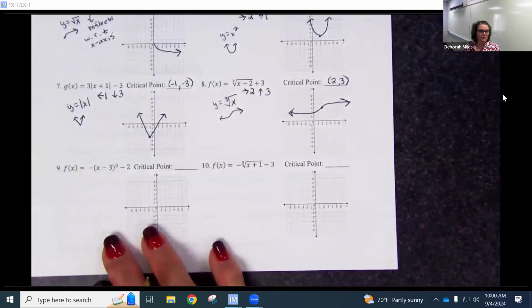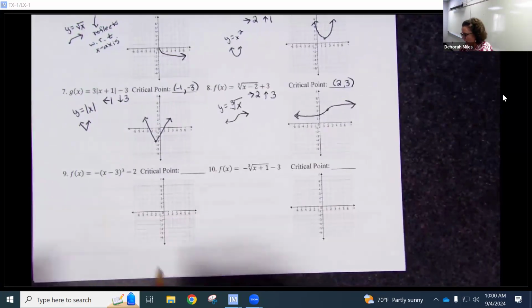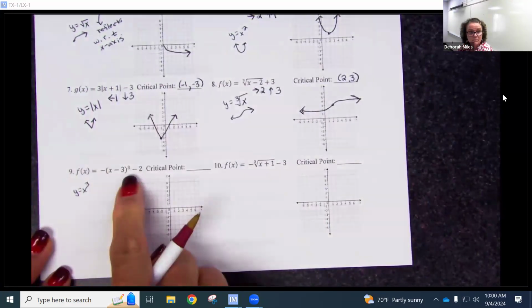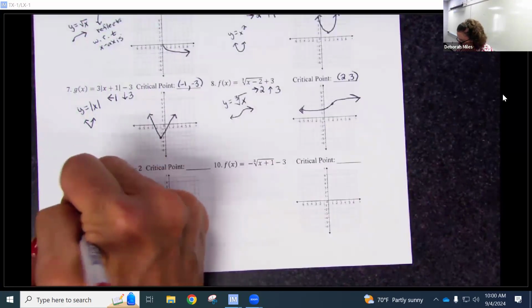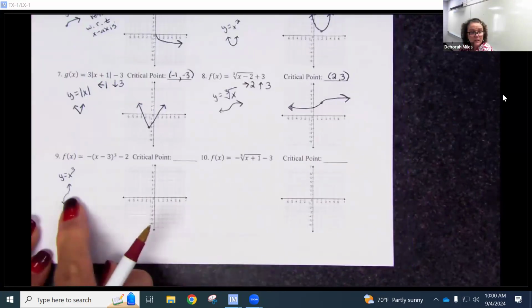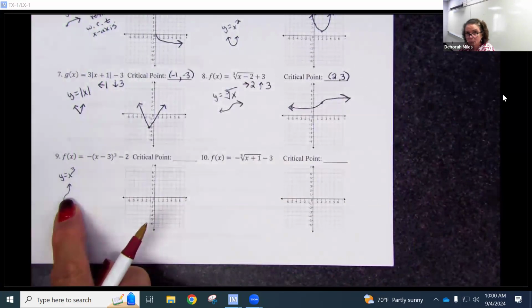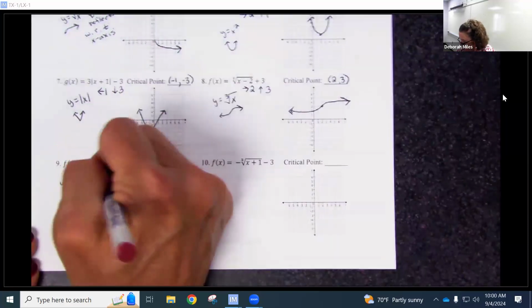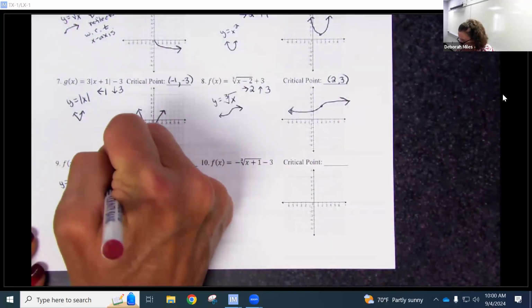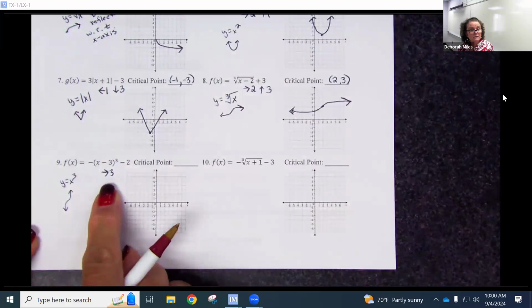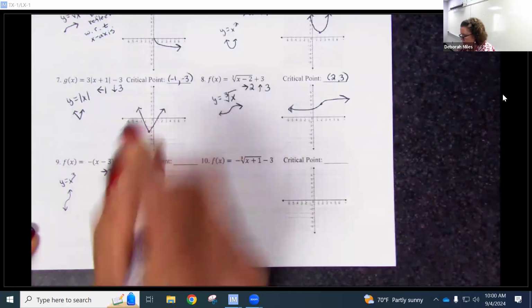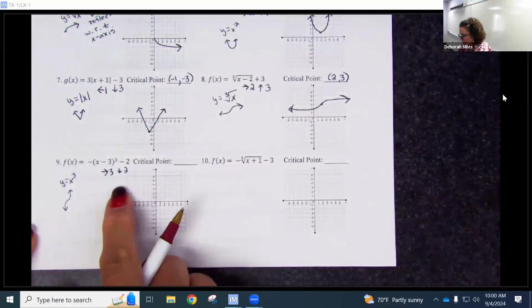All right, number 9. I know the basic graph of y equals x cubed is this vertical snake, and the curvature changes at the origin. But I know this graph has been shifted 3 to the right, that's the horizontal shift, and down 2, that's the vertical shift.